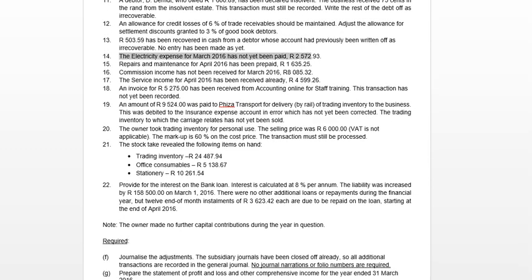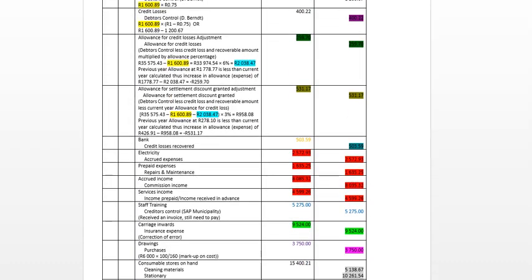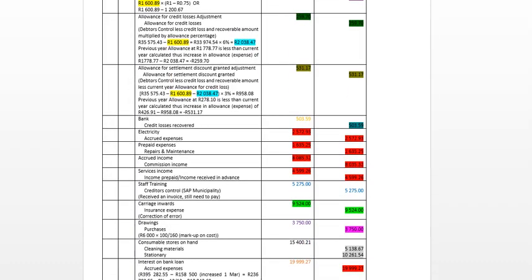Then we've got our electricity expense for March has not yet been paid, 2,572 and 93 cents. So this is going to be an accrued expense. This is an expense which we still need to pay. So our electricity expense has to increase, and if expenses increase, then you will debit it.